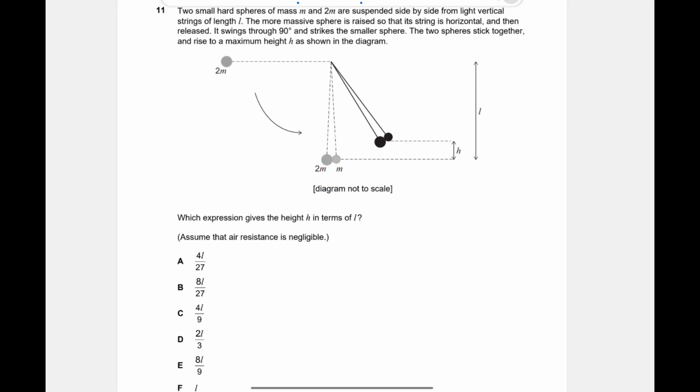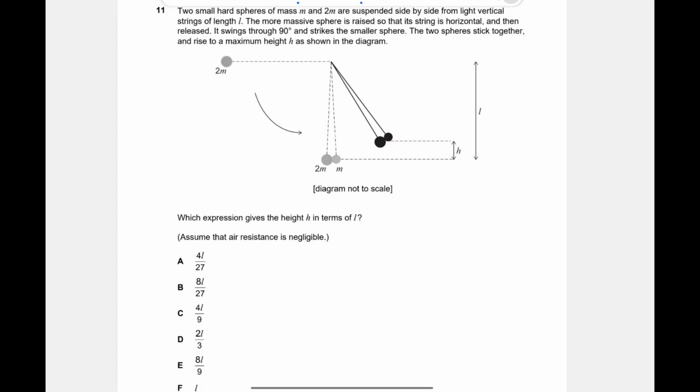Energy will be lost as sound, as heat during this collision. We don't exactly know how much, but basically we know that energy is going to be lost because it's an inelastic collision, because the two balls stick together, so there's definitely going to be energy lost.